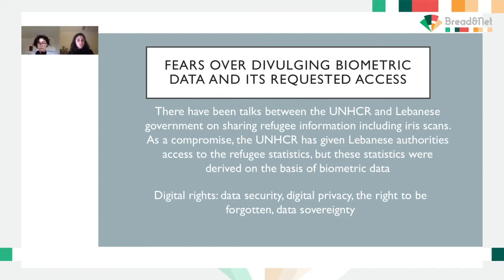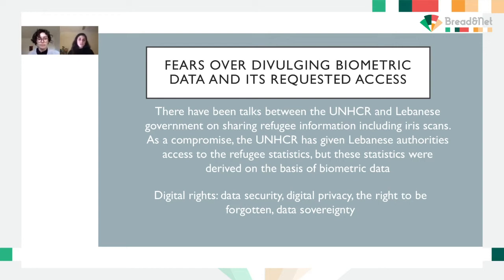This mistrust is really important because it has implications for who gets access to aid, who refugee data is shared with, and how it is stored. Syrian beneficiaries' concerns about divulging their data are in many ways warranted and confirmed by observers such as Privacy International.